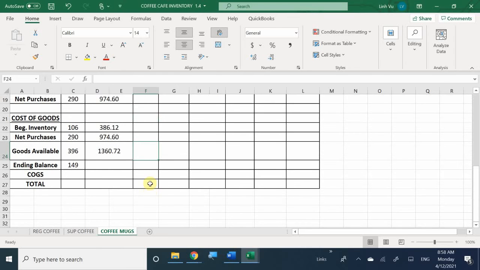So in this case, I'm going to solve for my new average cost per item.